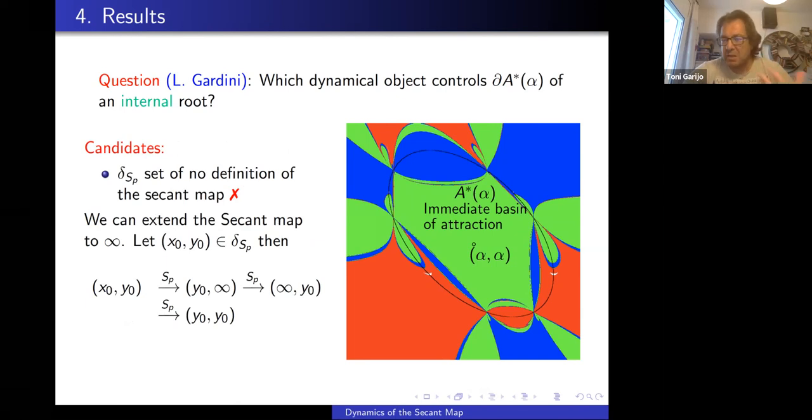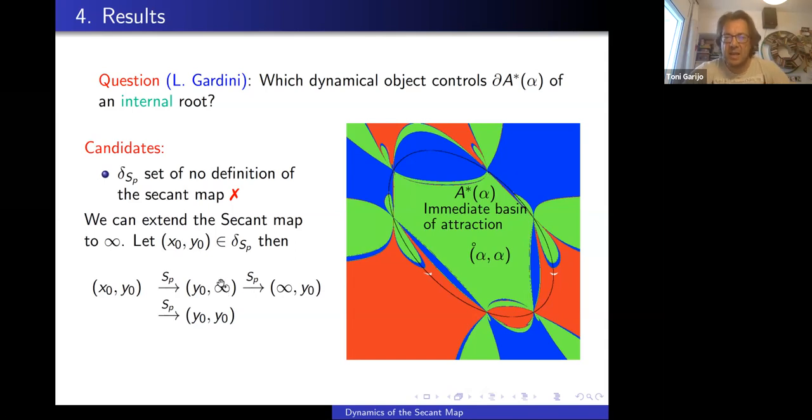In what way? In the same way as in complex dynamics, using the maps 1 over x and 1 over y. For example, if you take a point x naught, y naught in delta S, after one iterate, the first component is y naught and the second component is 0.